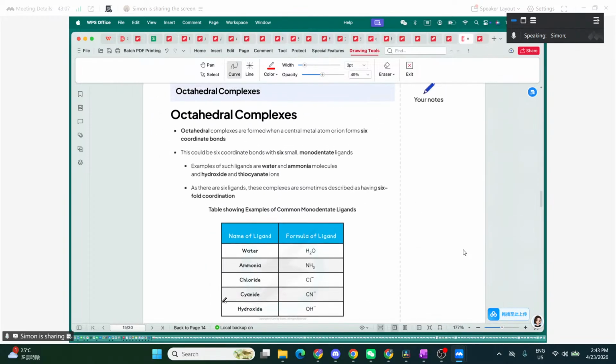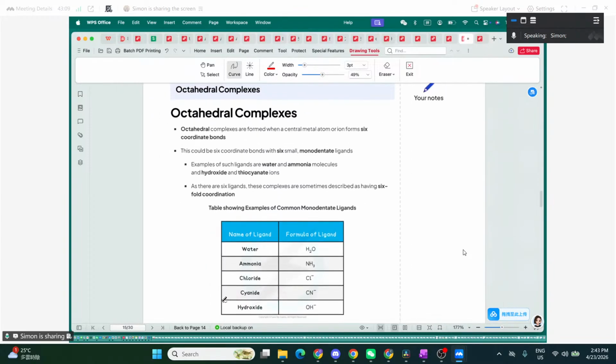This one is another type of complex. The number octa represents what? Eight. Octahedral, eight faces, no problem.